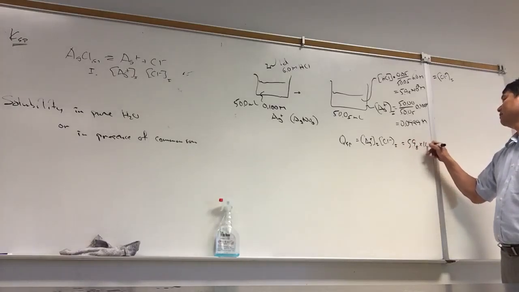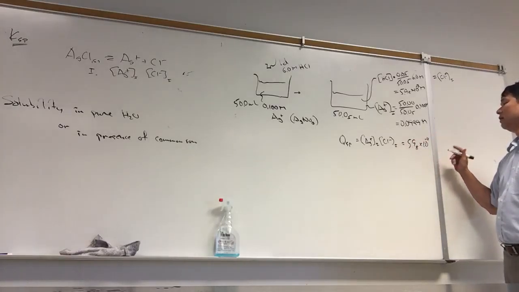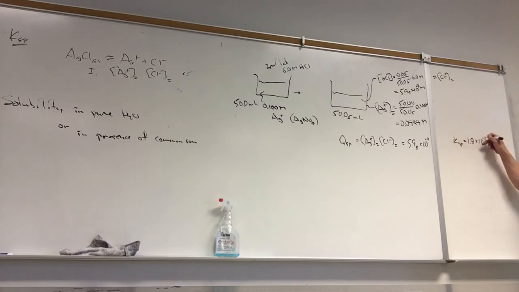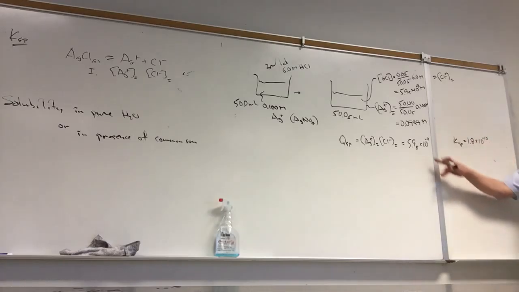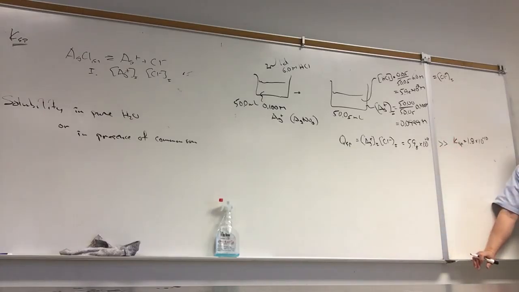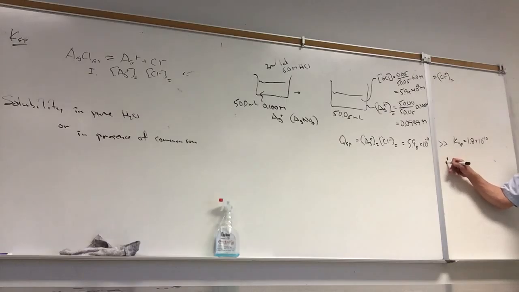Okay, 5.98 times 10 to the negative 4. And then we compare it with our KSP. Our KSP for this, we look it up in the book, is 1.8 times 10 to the minus 10. And so we see that QSP is much greater than KSP, which means we have too much product, which means precipitation will occur.